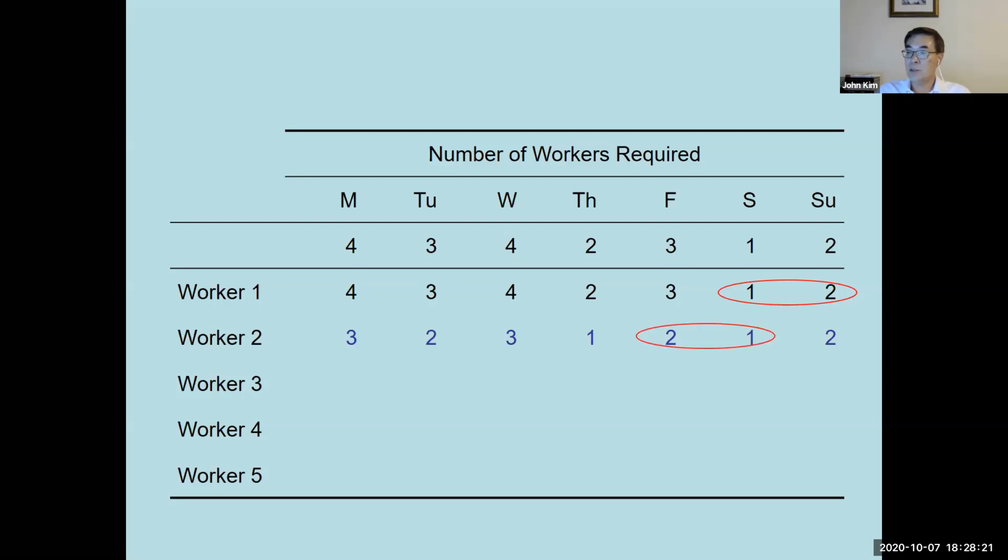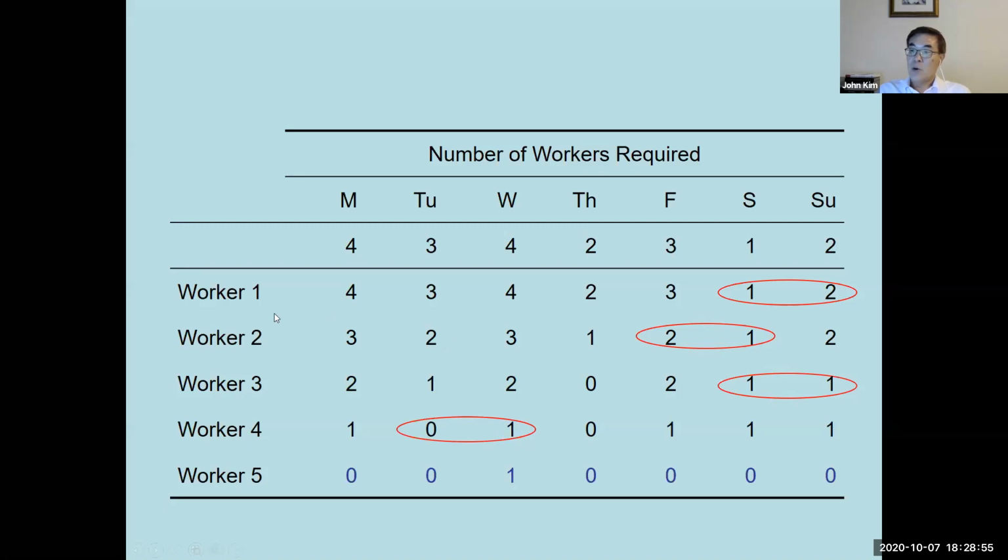Okay, so circle there, and then again minus 1 for each, and the circled ones remain the same number. And then circle again, and here, this one, 0, 2, and 1, 1, tie, and ask worker 3. And then worker 3 said, I will not work on Saturday and Sunday. Okay, assign, and so on.